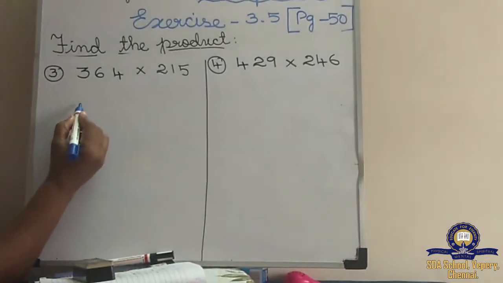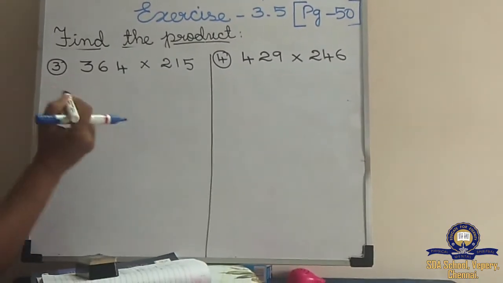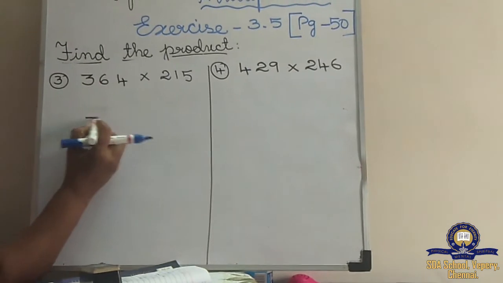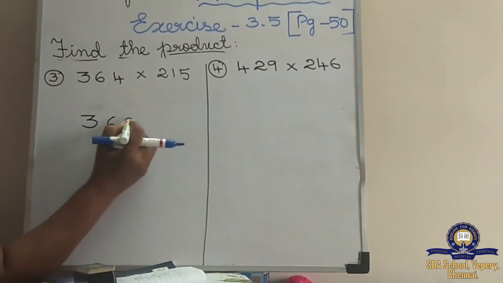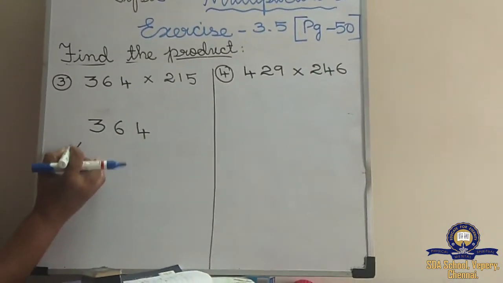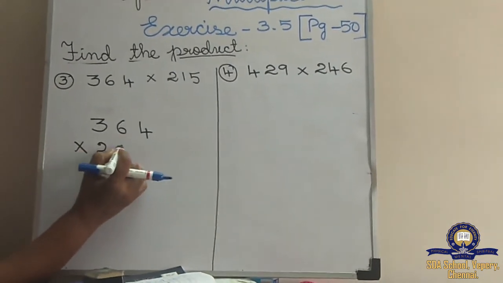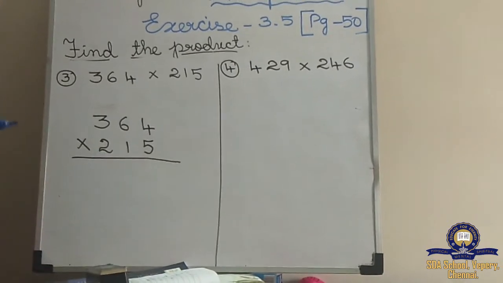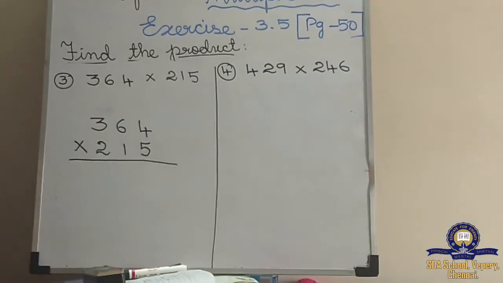Okay. Now I'll write here: 364 multiplied by 215. Okay. 5 tables are very easy, children.